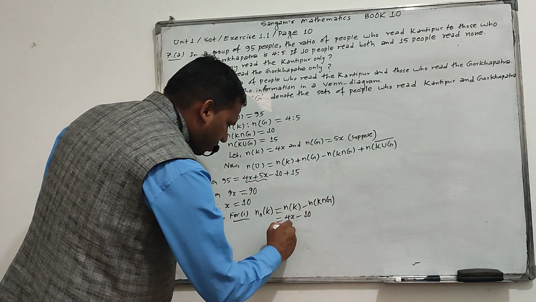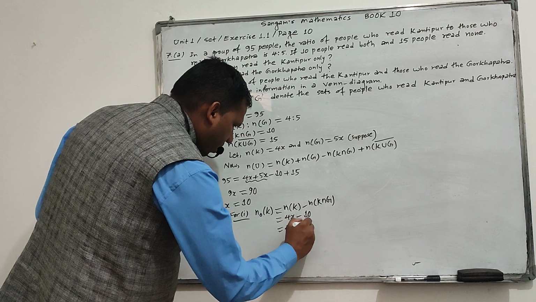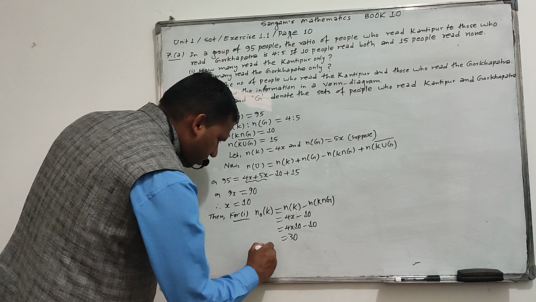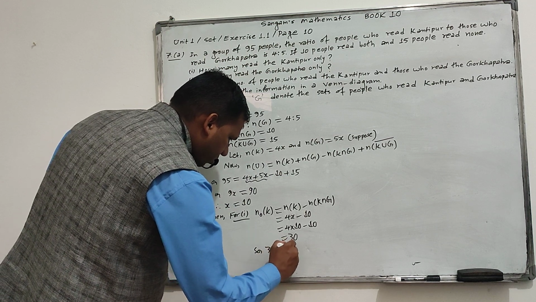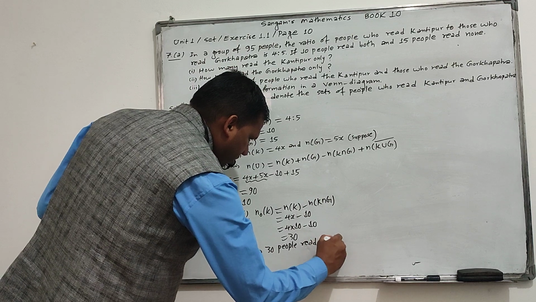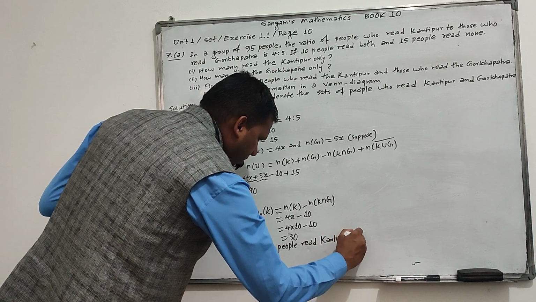So put the value of x, 4 into 10 minus 10, 40 minus 10, 30. So 30 people read Kantipur only.